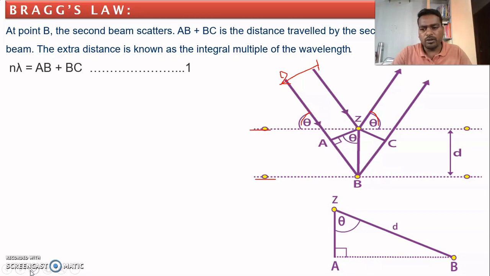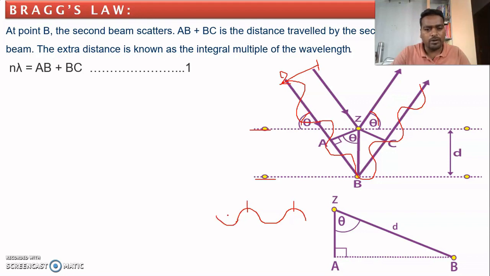We know the wave motion, that is, the waves are moving like this. If it is radiation, the waves are moving like this. So these are waves. You know wavelength. Wavelength is nothing but the distance between consecutive trough and crest, or from crest to crest, it is called wavelength.